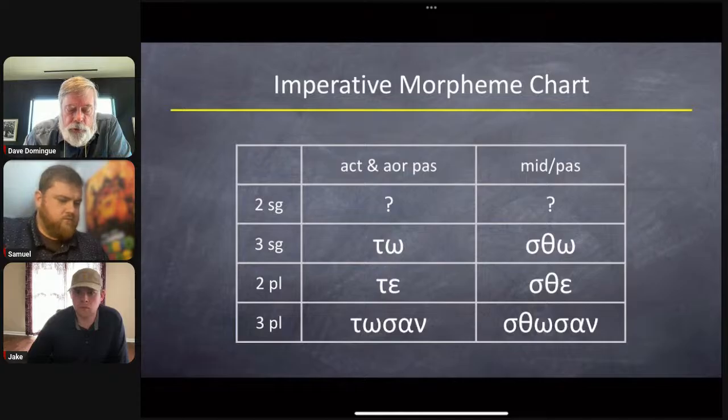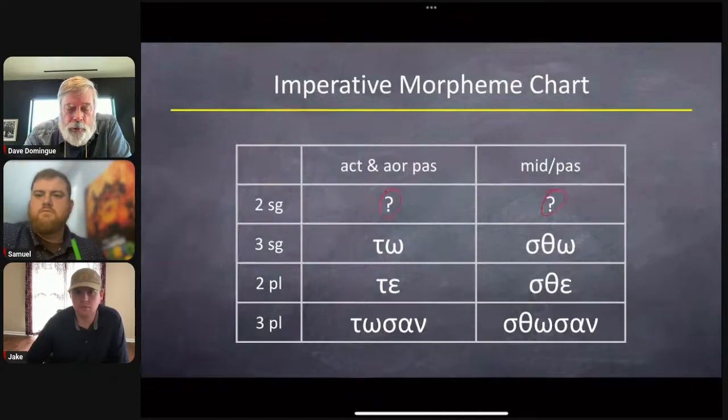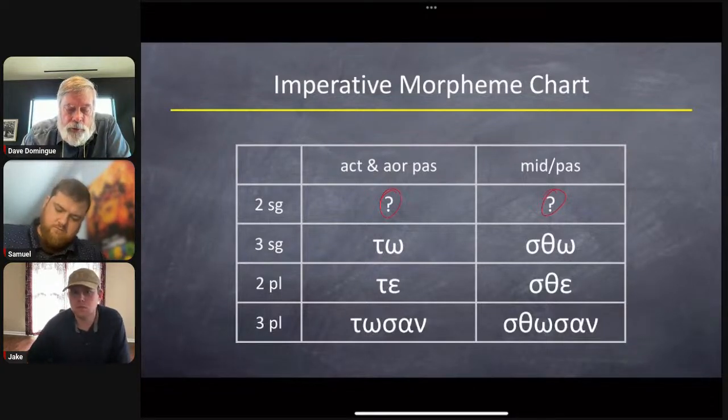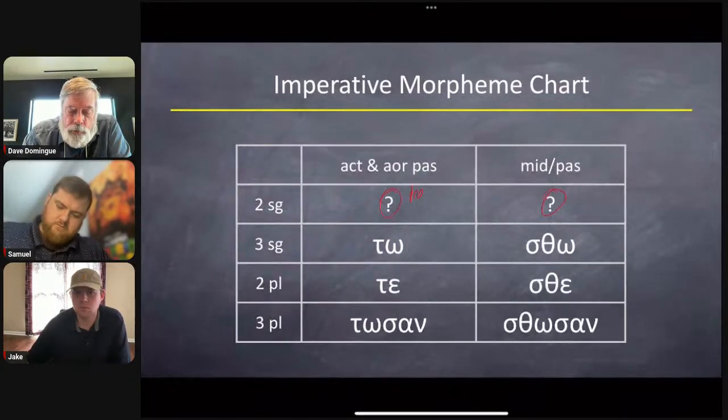So now I'm going to mention a couple things here. In the second person singular, oftentimes Mounce's book uses a question mark here, and that's because it's not consistent, especially in the present versus the aorist. And so oftentimes in the present, you'll see the epsilon that is used.